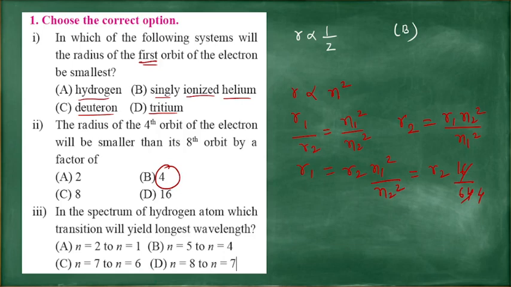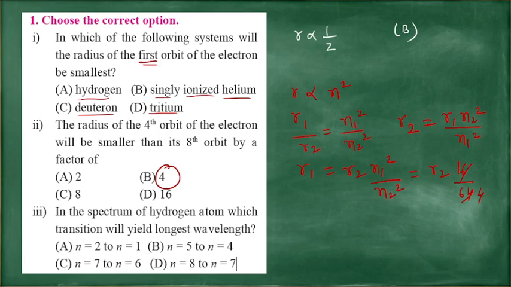The next question. Next is, in the spectrum of hydrogen atom, which transition will yield longest wavelength? So generally we remember that when the line which we draw in the spectrum is short, the wavelength is long, and when it is long, the wavelength is short, but it is in a specific series.